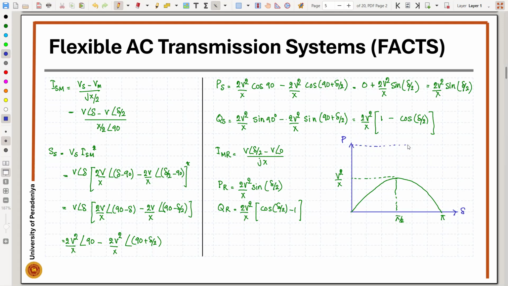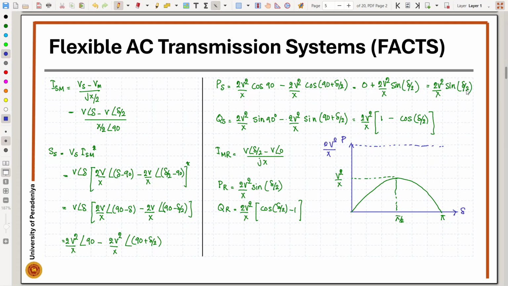So the maximum power in case of the shunt compensator would be 2V squared over X. So we are increasing the power, but another point is that the angle is now delta by 2.